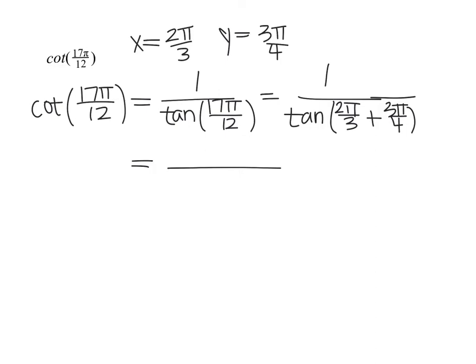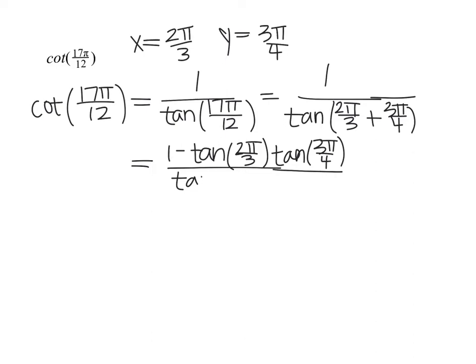So it's going to be 1 minus tangent of 2 pi over 3 tangent of 3 pi over 4 all over tangent of 2 pi over 3 plus tangent of 3 pi over 4.